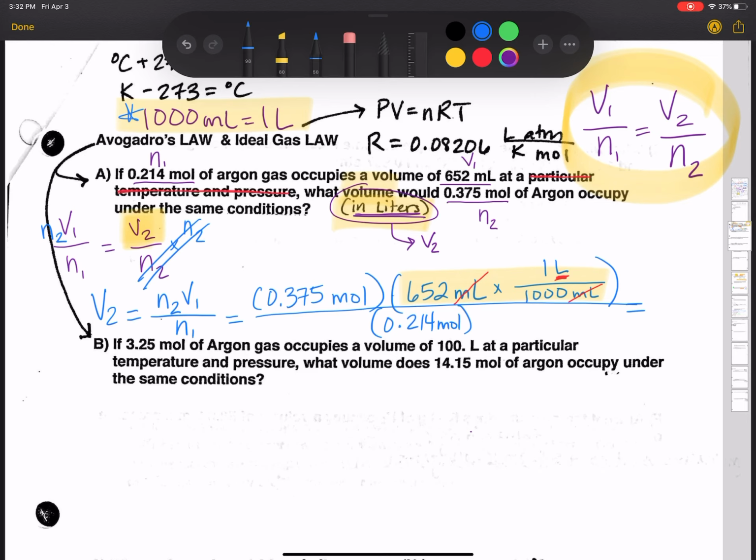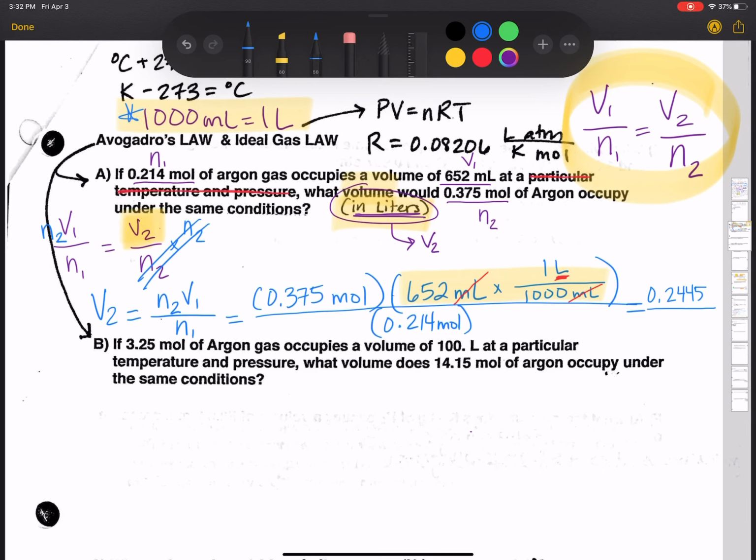Whatever that answer is, you're going to now multiply that by 0.375 moles. So 652 divided by 1,000, get your answer. Take that answer and now multiply that by 0.375. Hopefully, once you've done that, your calculator stares back at you with 0.2445. If you set it up correctly, that's your answer for the numerator.